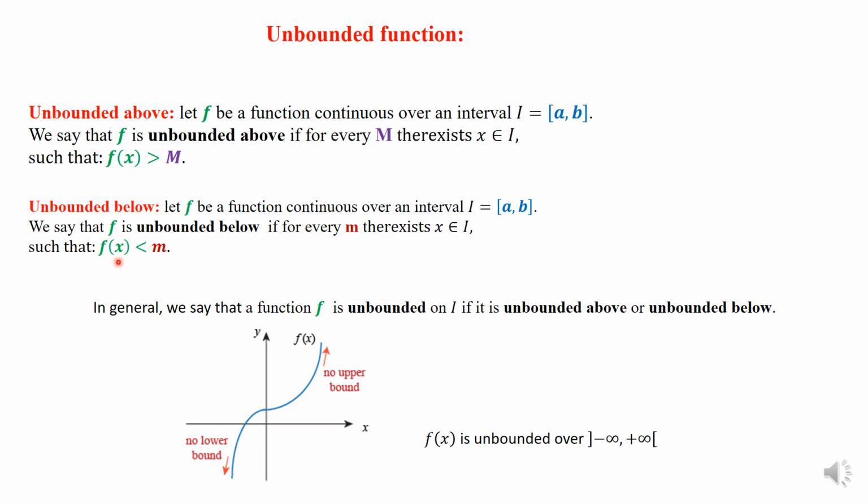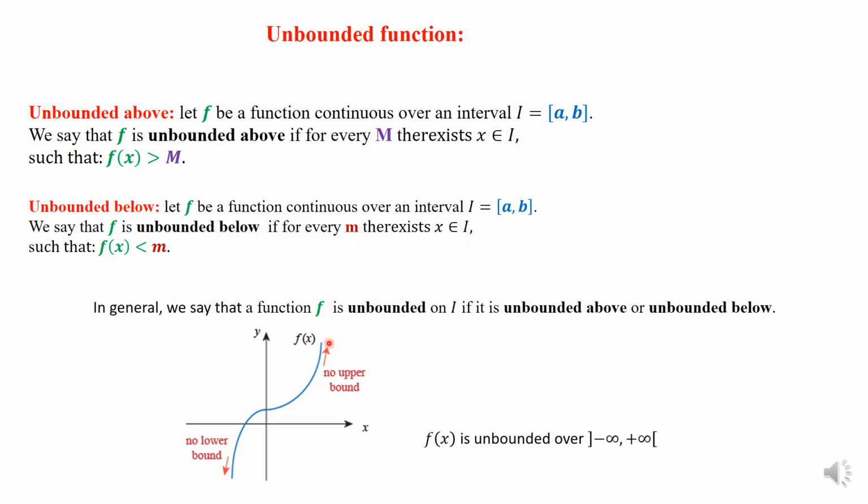So in general, we say that f is unbounded, pay attention, if it is unbounded above or unbounded below, and not and. If it is unbounded above, we say that the function is unbounded, and if it is unbounded below, we say that the function is unbounded.